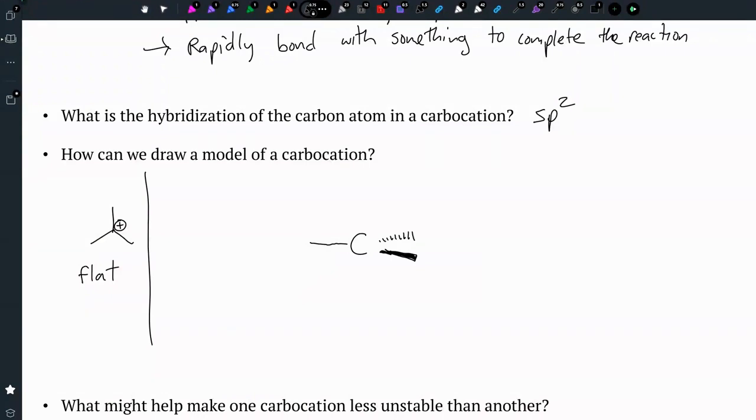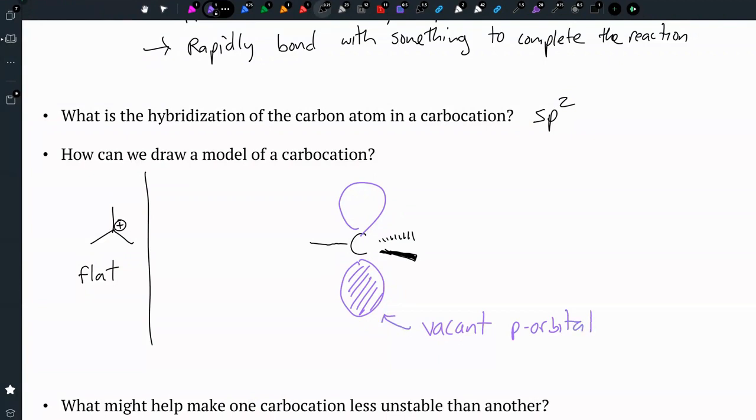And that's going to allow me to think about, well, what's left over if it only has 3 electron domains, but it doesn't have anything filling that 4th orbital. It's going to have an empty orbital. And so if I have 3 sigma bonds, those sigma bonds are all going to be made by the sp2 hybrid orbitals. What's left over is going to be an empty p orbital. And that's going to be a defining characteristic of every carbocation, is it's got a vacant p orbital.